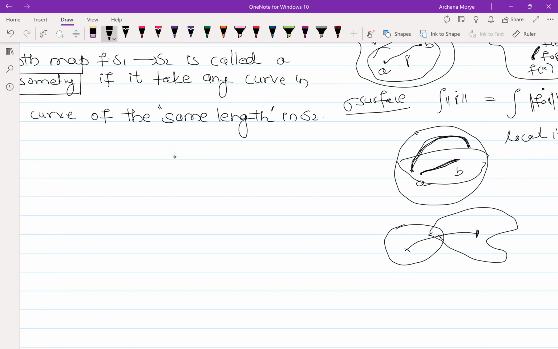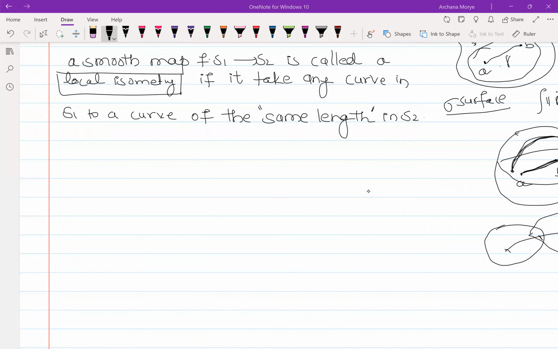And if it is defined over the entire thing, then you probably need to break it and then add it, but for that one has to make the definition clear. That is out of his scope, so we are also not talking about it. So for the time being, whenever we take a curve, we will take it within that surface patch. And if a local isometry exists, then we will say that these surfaces are locally isometric.